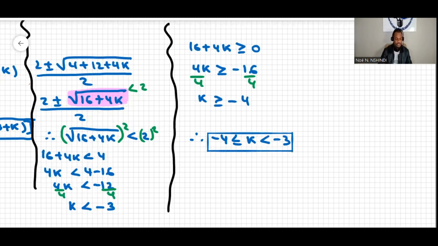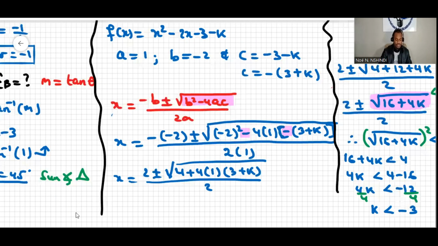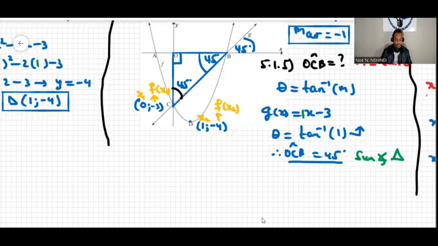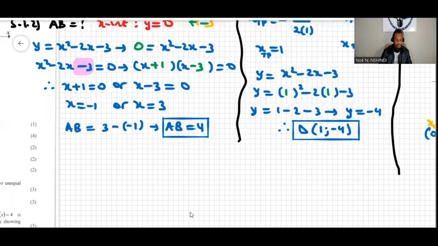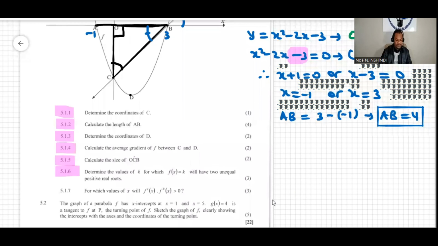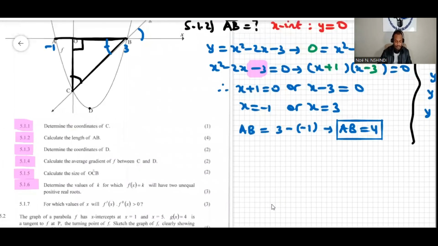And then the next question is question 5.1.7. The question says: for which value of x will f prime of x times f second of x be greater than 0?